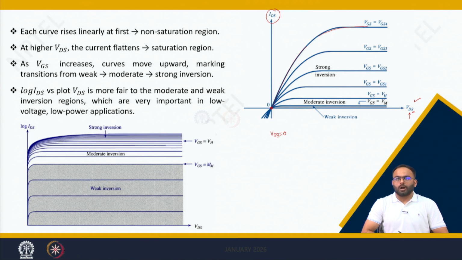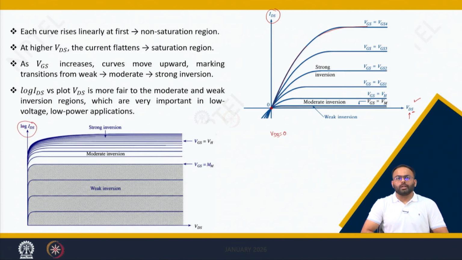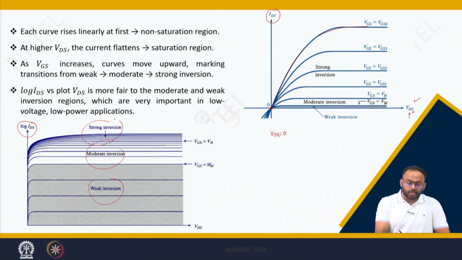We will analyze how this happens in subsequent lectures. The best method to see this graph is to plot it in log scale. If we plot in log scale, we can clearly see the demarcation between weak inversion, moderate inversion and strong inversion, and these points we have already defined in previous lectures.